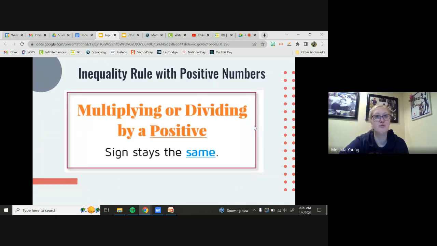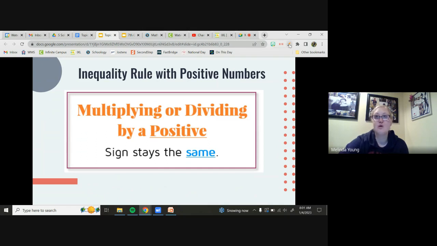There are two rules right away that we need to make sure of when we're multiplying or dividing. This is very, very important. When you're multiplying or dividing with a positive number, the inequality sign stays the same.